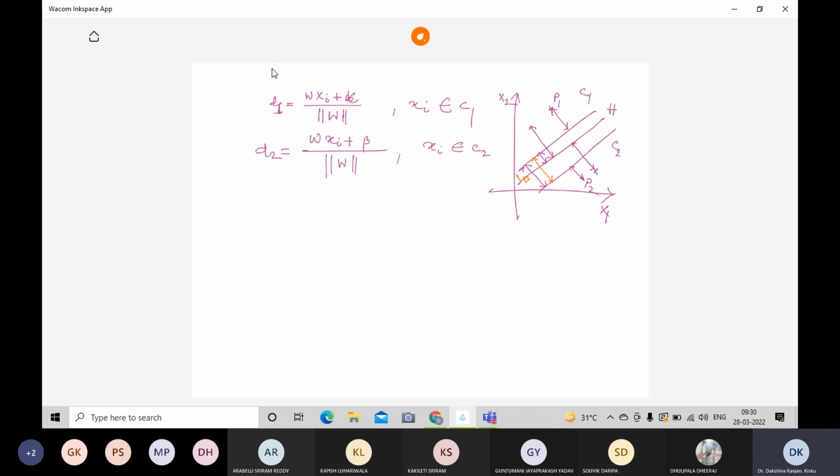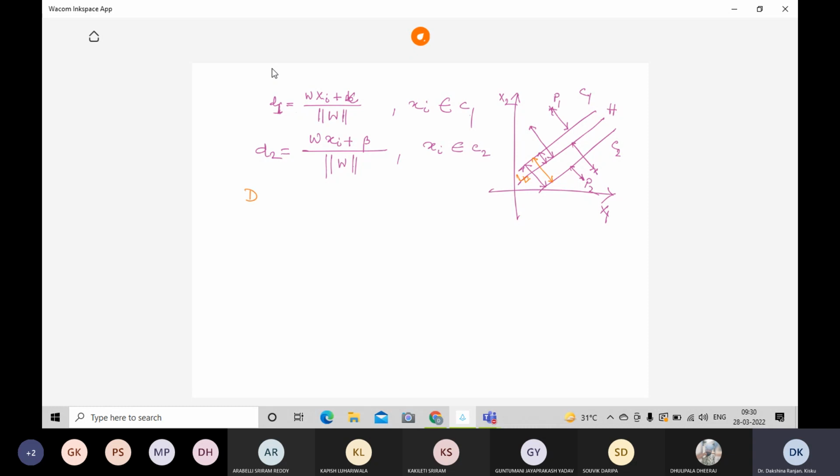If the hyperplane is maintaining equal distance from each of the margins used for class C1 and C2, then we can get the distance between two margins.